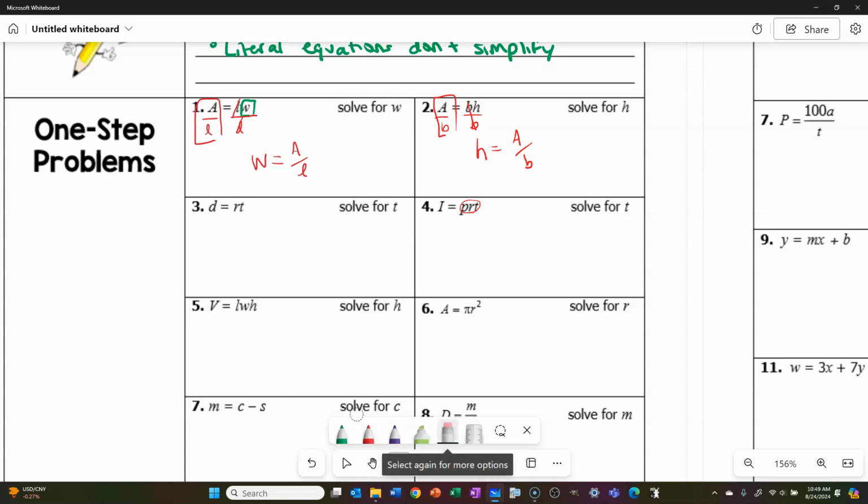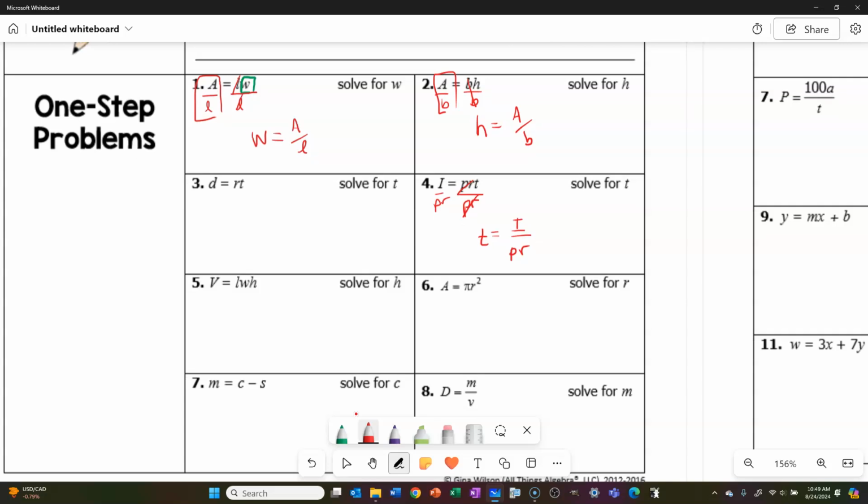So if I want to get the T by itself, I have to get rid of the things that are multiplied times the T. So I'll divide, and I can do them all at once. I'll divide by P and R at the same time. That cancels out, and I will find that T equals I divided by PR.